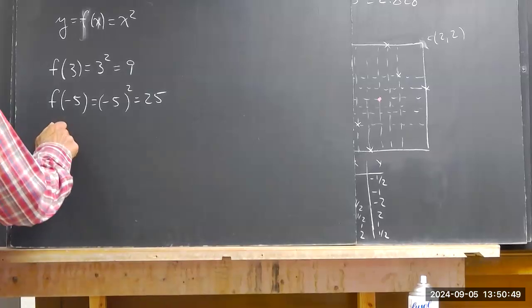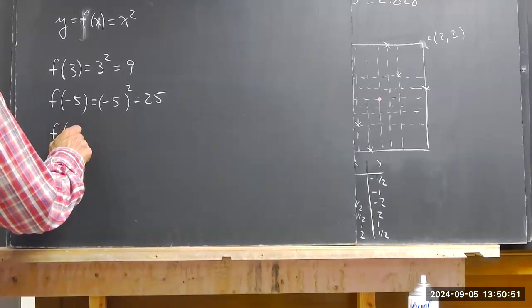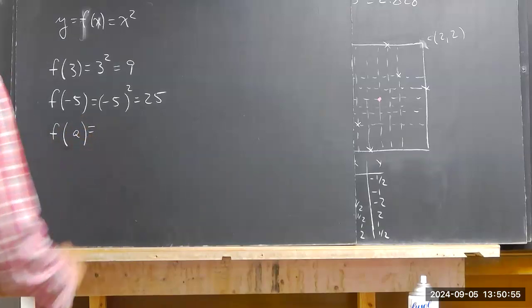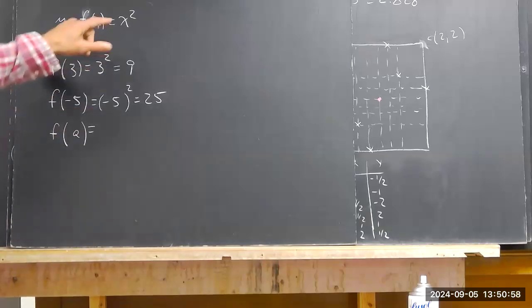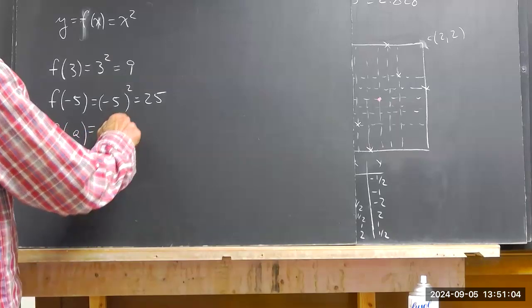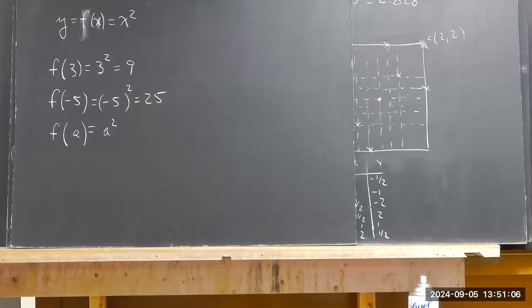What's F of a? Well, here's your rule, f of x equals x squared, so if you've got a instead of x, f of a equals a squared, right? See the pattern?